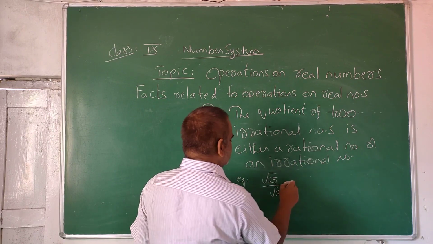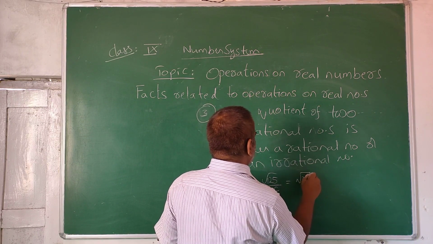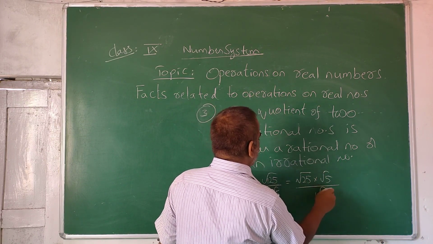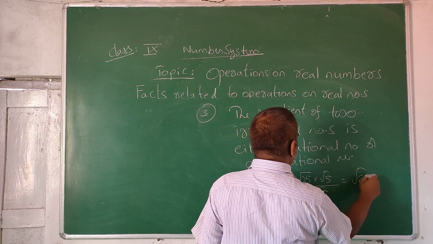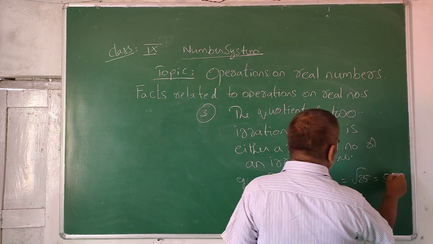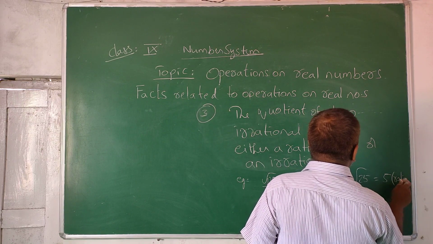Now you see, root 125 is root 25 into root 5, by root 5. This root 5 gets cancelled, you get root 25, which is 5, and this quotient is a rational number.